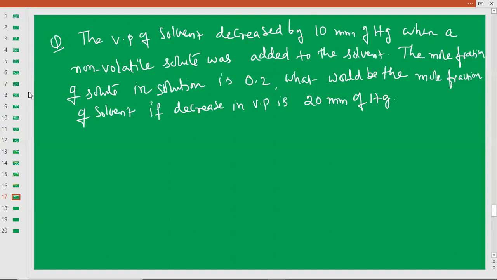We have options also for this question: 0.8, 0.6, 0.4, 0.2. Okay.